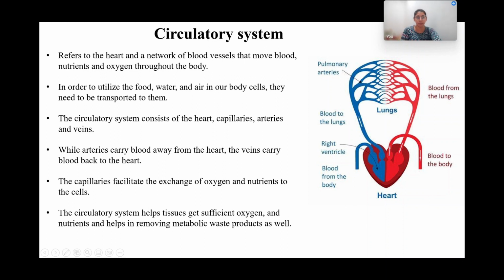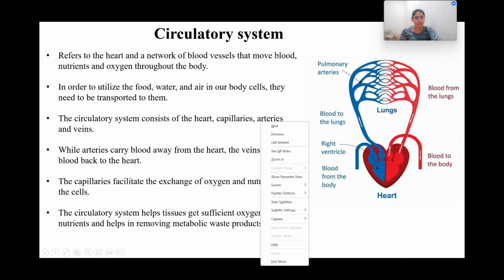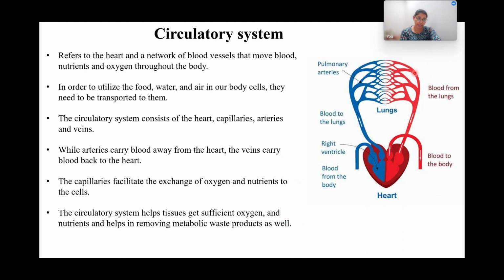So just to show you on the diagram, this is your heart and this is where the lungs are. On this side you see the arteries which are carrying the blood from the lungs to the body, and this is a special kind of artery, or special kind of vein, I should say.